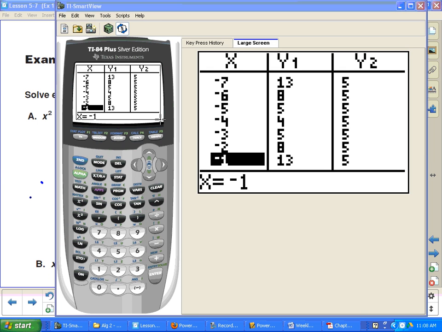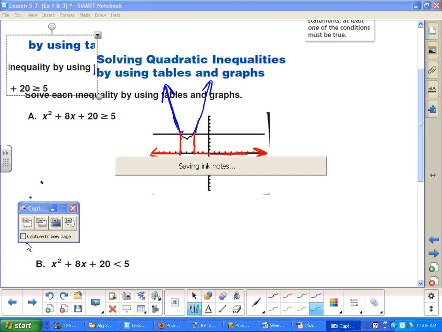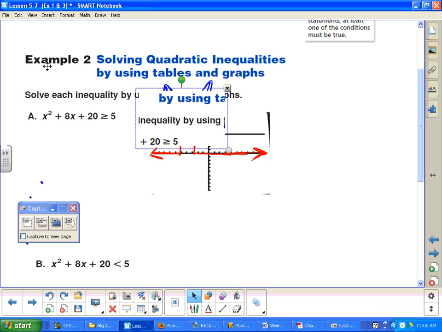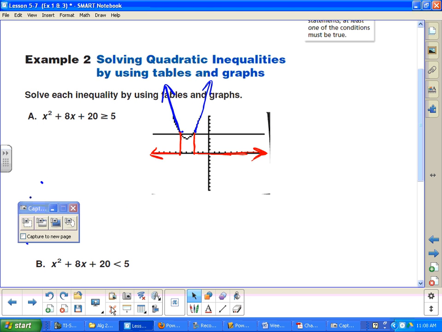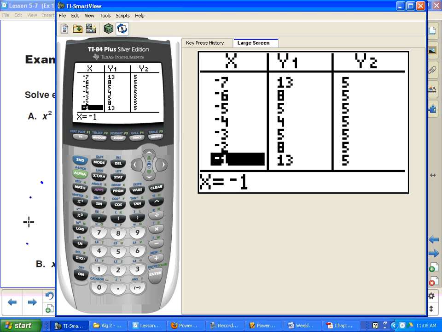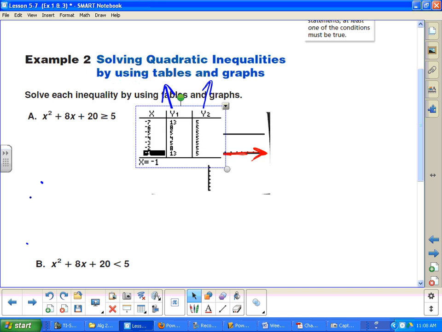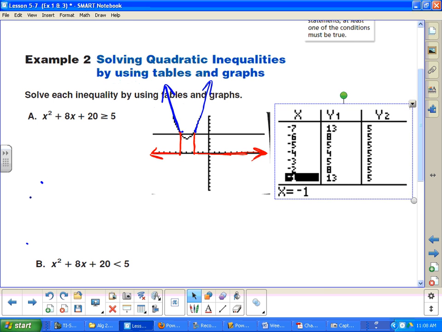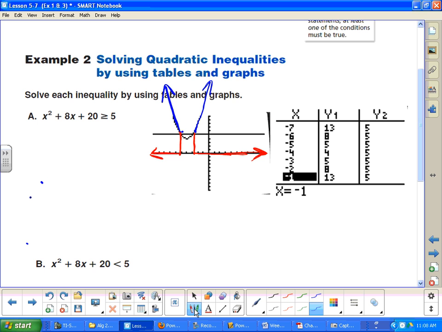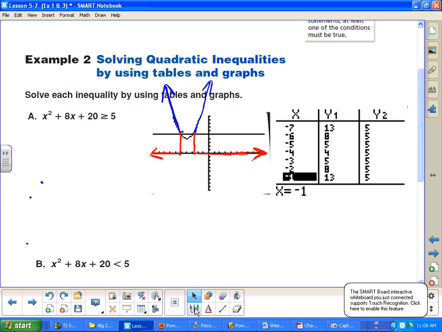If we look at the table, we can see that they're equal to 5 here and here.